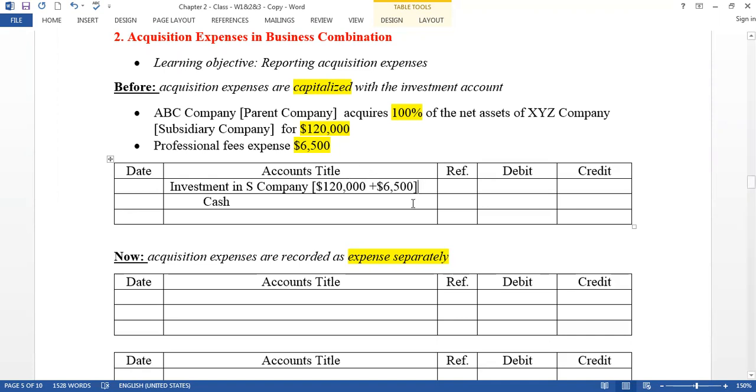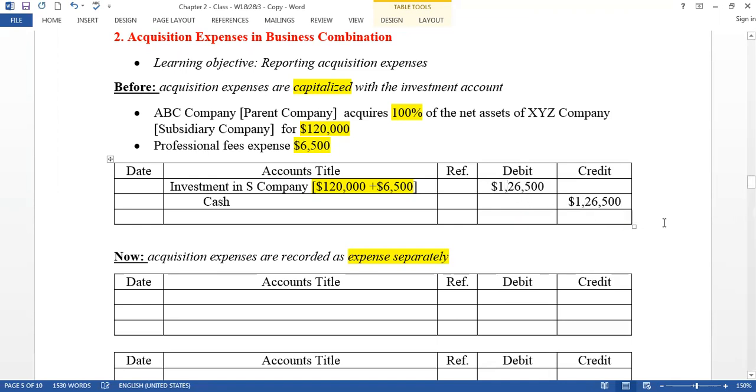We add these two items together, and we record debit, and you record cash credit.